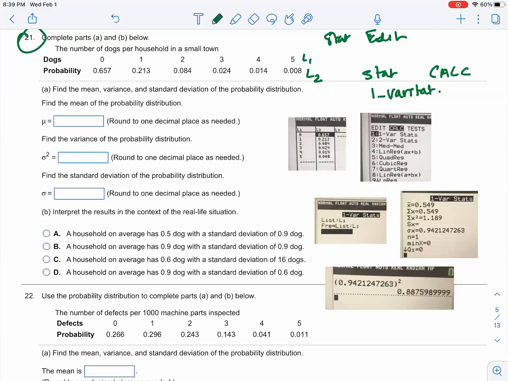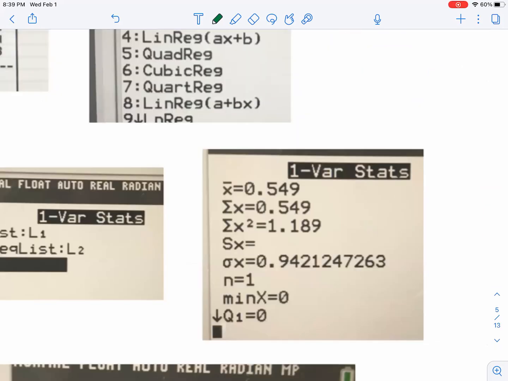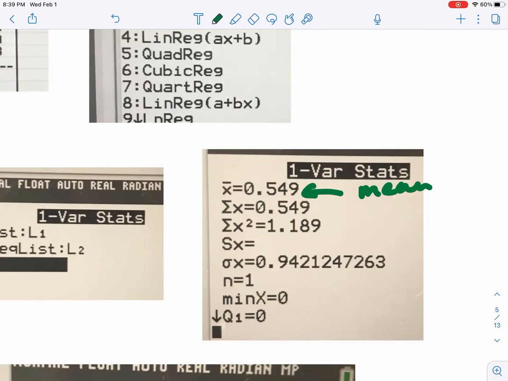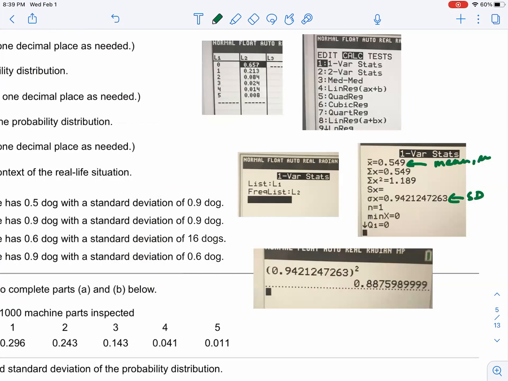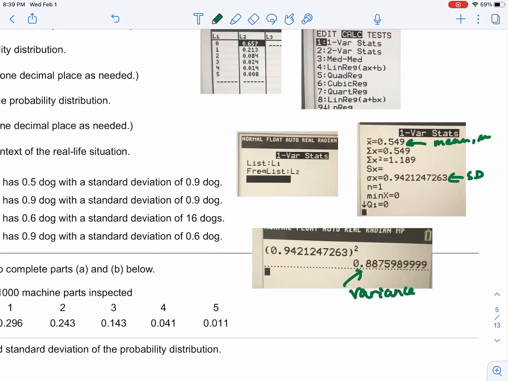I have all of that as a screenshot for you to see. My mean is right here. This is the mean, in this case mu. My standard deviation is right here. And finally, this is going to be my variance. Notice I took the standard deviation here and I squared it.